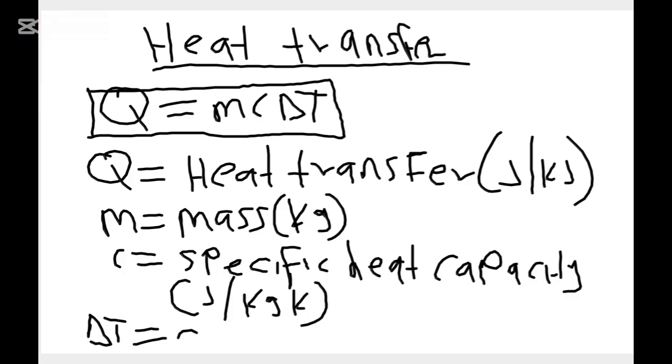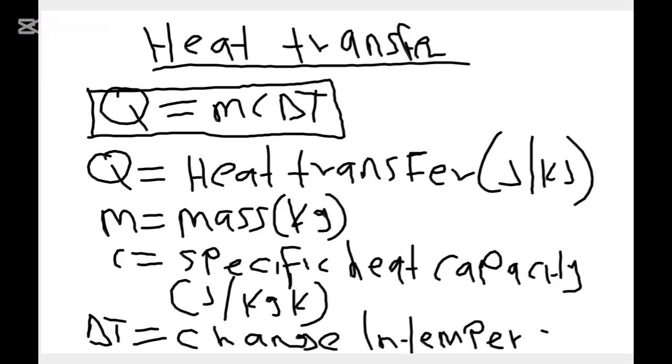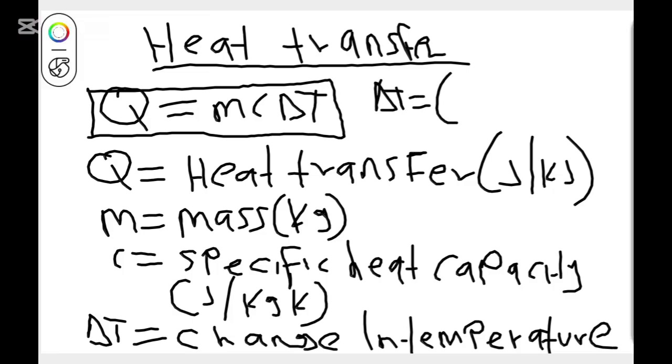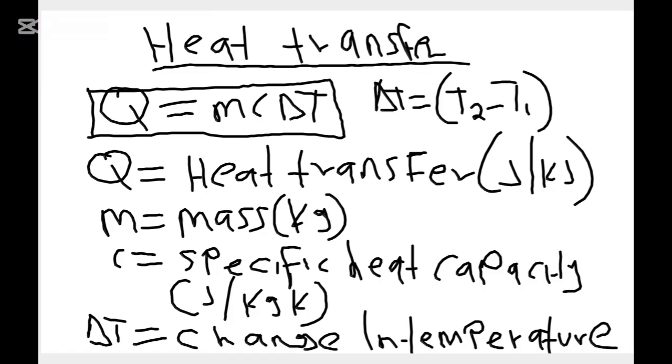Delta T is the same thing as T2 minus T1, whereby we have the initial temperature and the final temperature.